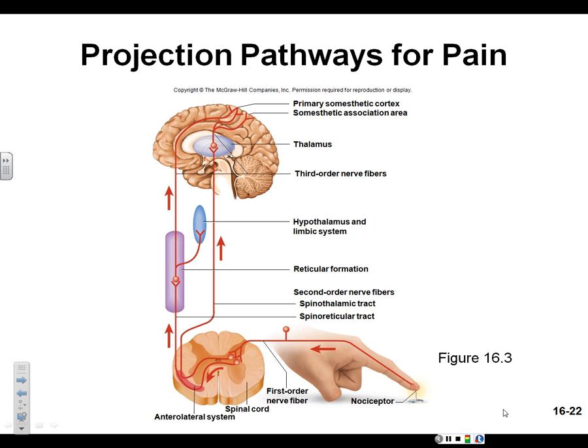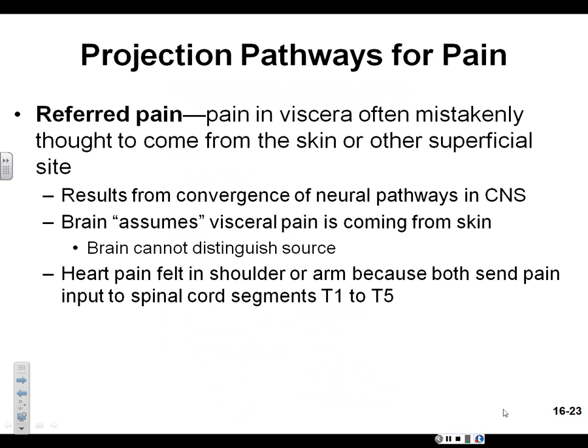You can see the reticular formation here, where it decussates and crosses over. It forms a synapse in the purple area. That's your second order neuron. It travels on its way up until it reaches the thalamus. There it forms a synapse with the third order neuron, and it goes on up into the somatosensory cortexes of the body.